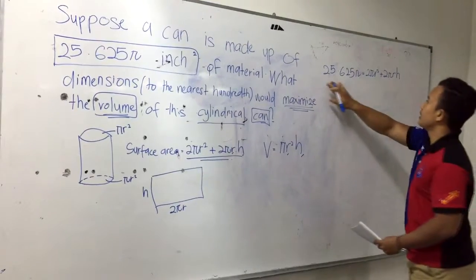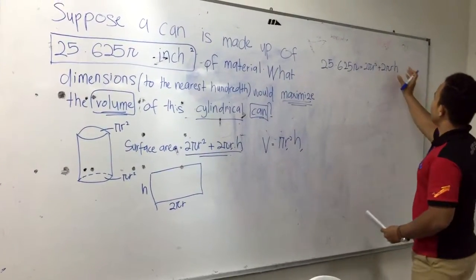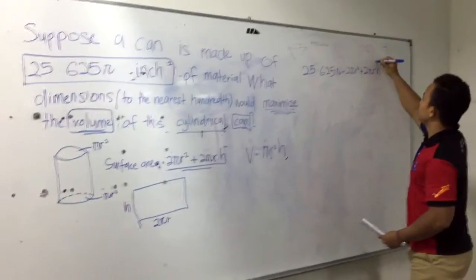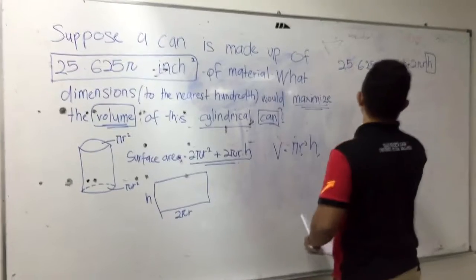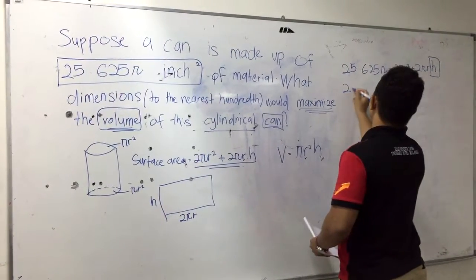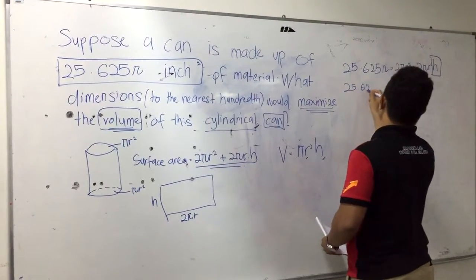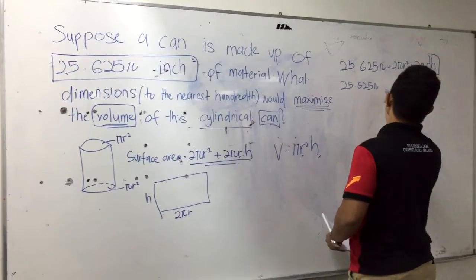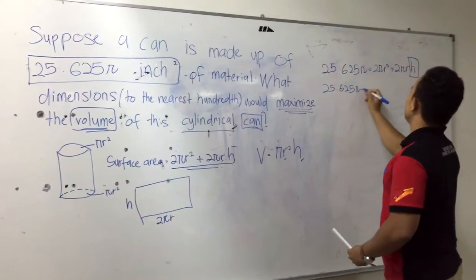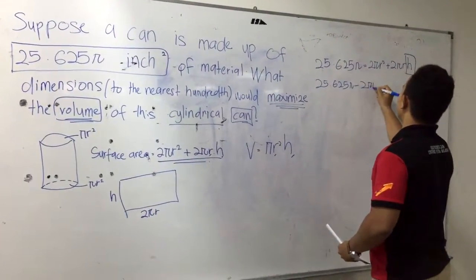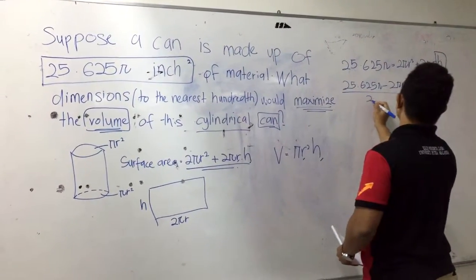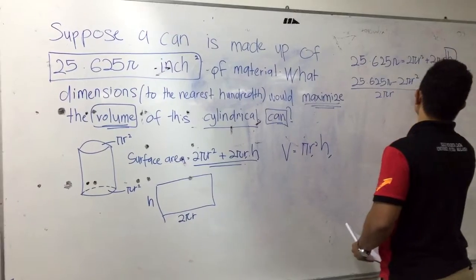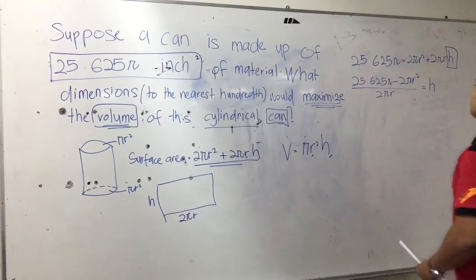From this equation, we want to find the h value. So h equals 25.625 pi minus 2 pi r squared, divided by 2 pi r.